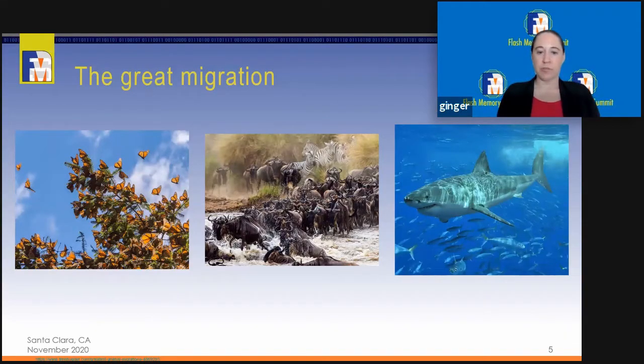The natural resources are out there, they're stationary for the most part, and animals move in order to get to the resources that they want. So what I did is I took 3 different animals. I want to show you a few things about how they migrate, make an analogy to a data structure or an application that would fit with that pattern, and then give you a couple examples of each pattern.